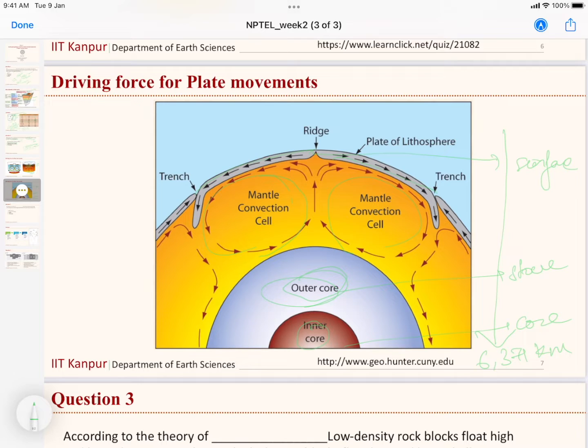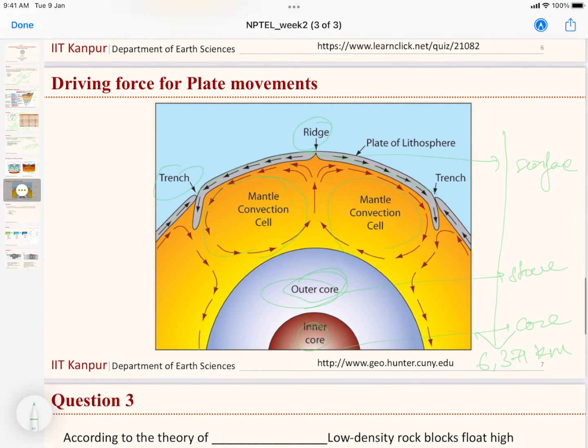For example, trenches, ridges, mountain forming or volcanic chains. So these are the outcomes of this plate movement. And what are these landforms? Again, we have discussed in the last session. So I think it's clear till now.